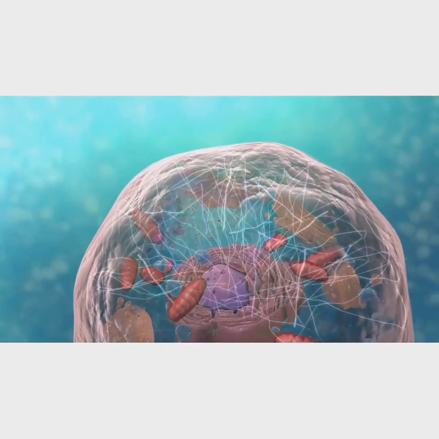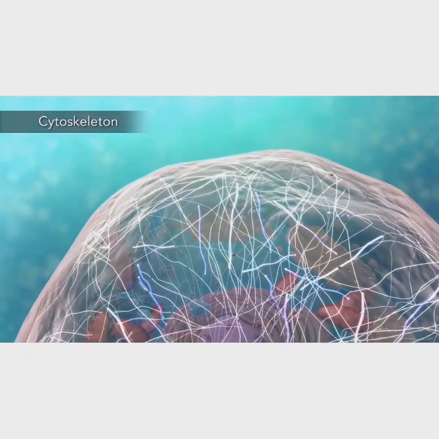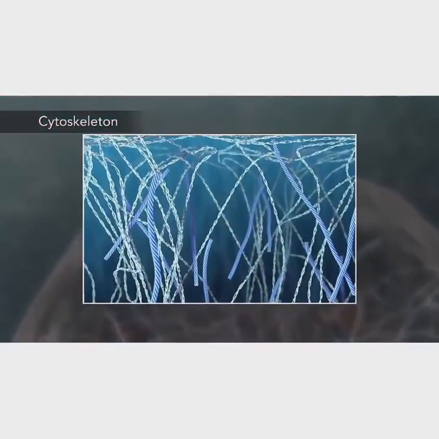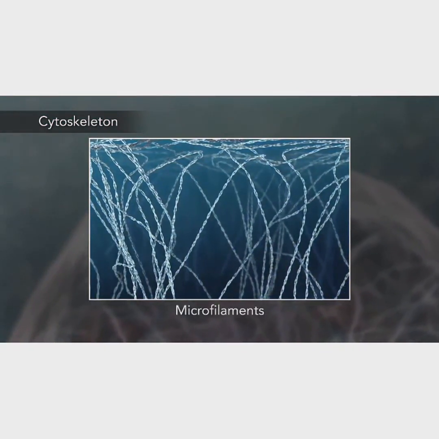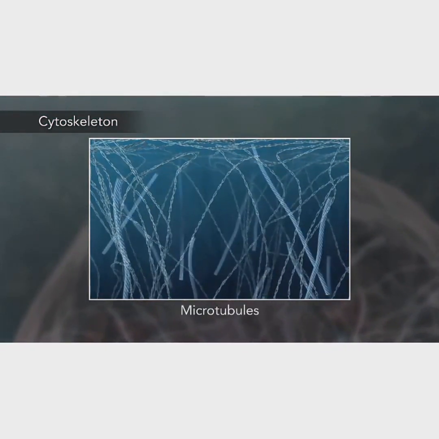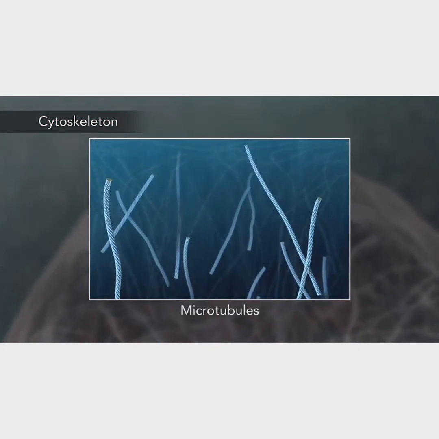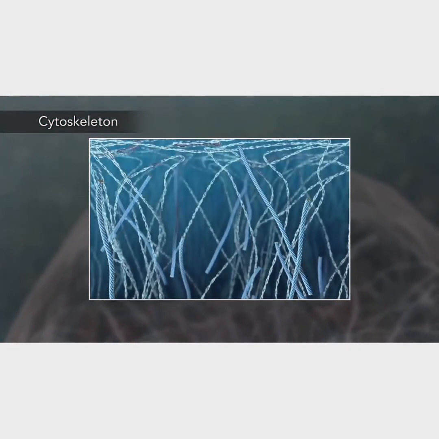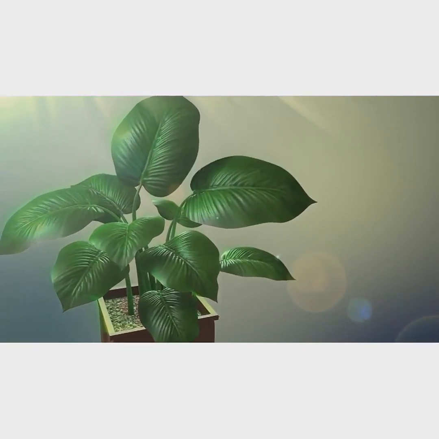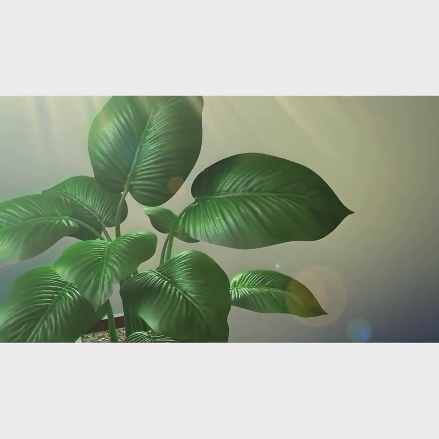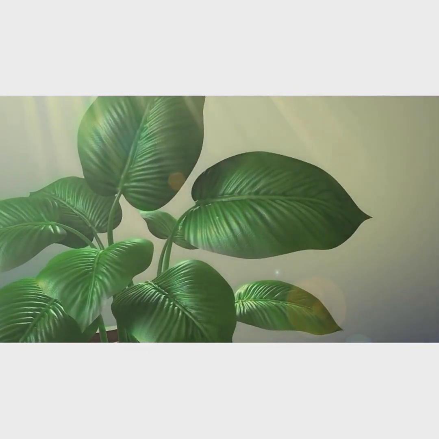Meanwhile, the cell maintains its shape through a cytoskeleton. The cytoskeleton includes the thread-like microfilaments made of protein.